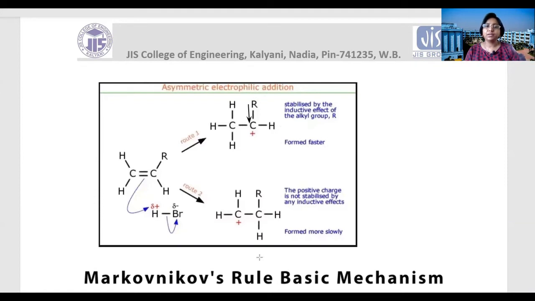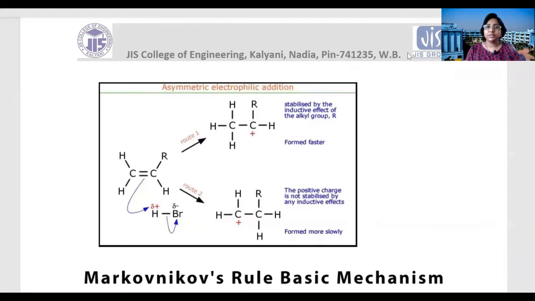But the second one will form slowly because it is not much stabilized. Here is no R group, here is only hydrogen. Okay, you are clear? And if it is attached by bromine, you can understand that bromine is electronegative, so it will take more electron density to itself.